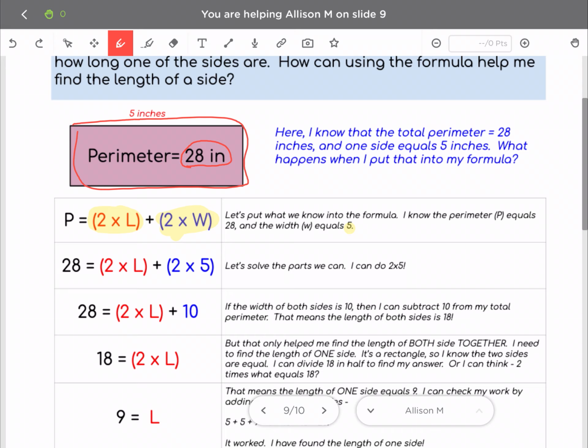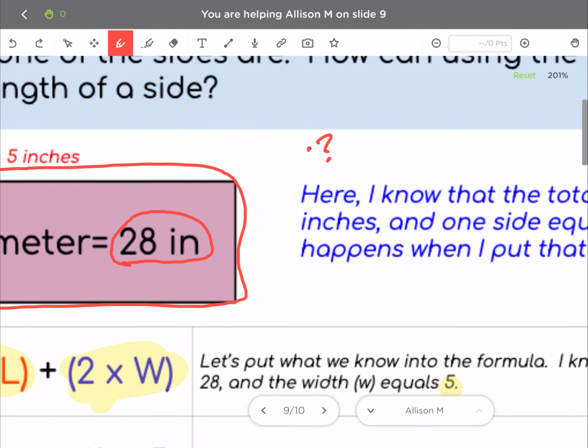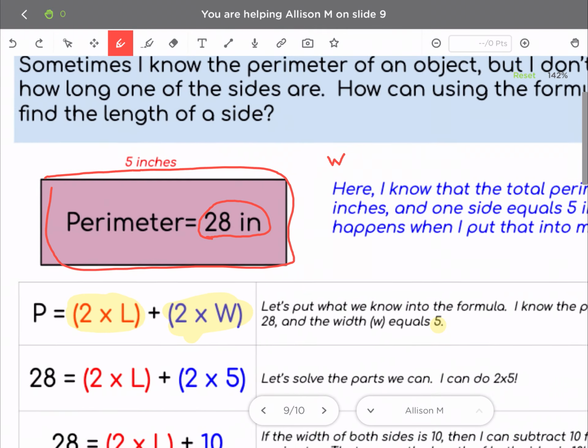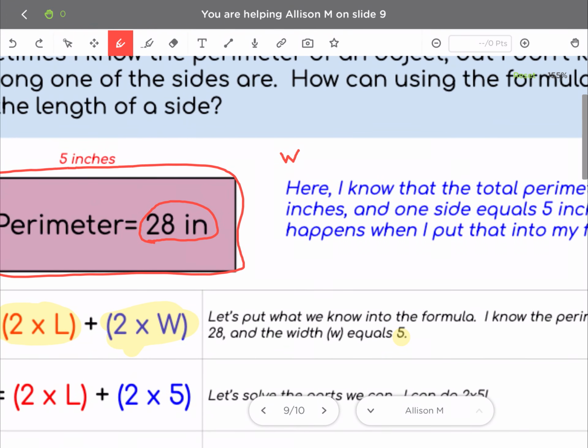All right, so now that we know it's perimeter, we know something, which is, well, instead of doing a question mark, let's do width. Width plus the other width. That means this side over here.